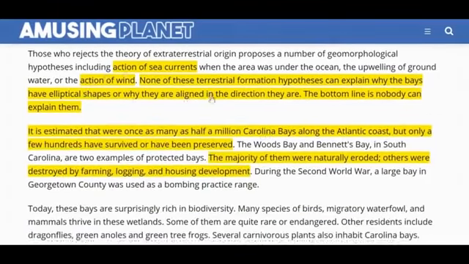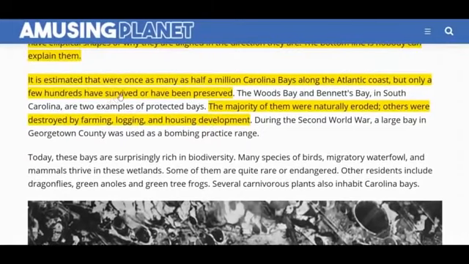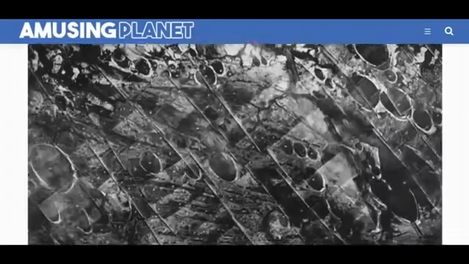Bottom line, nobody can explain them. It's estimated that there were once as many as 500,000 of these Carolina Bays along the Atlantic coast, but only a few hundred have survived or have been preserved. The majority of them naturally eroded, others were destroyed by farming, logging, and housing developments.